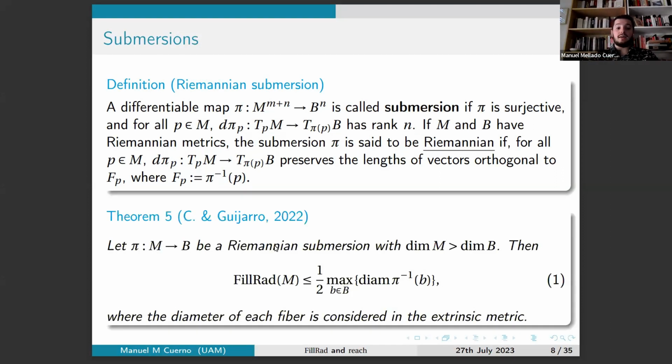So if pi is a Riemannian submersion between two manifolds, then the filling radius of the base of the total space is less than or equal to 1/2 times the maximum of the diameters of the fibers.